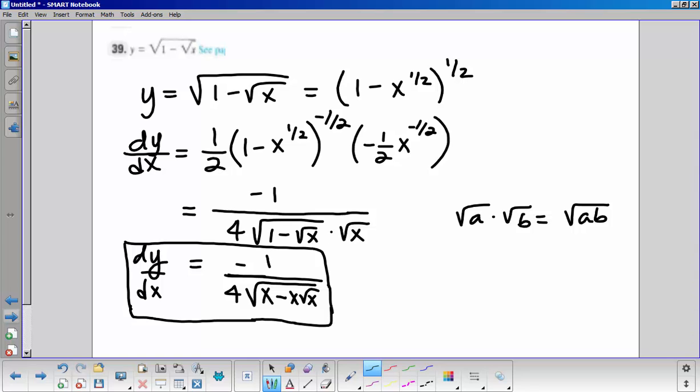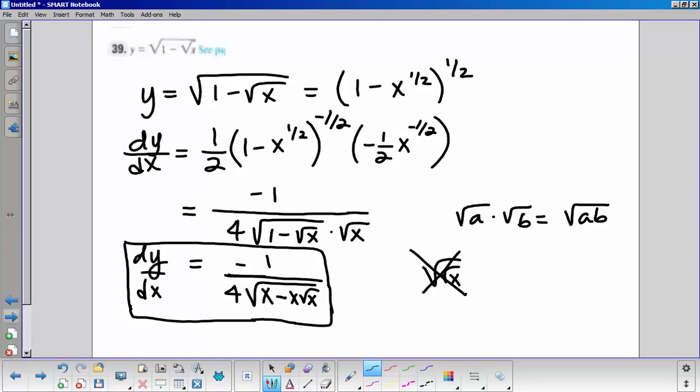Wait, how did you get that? Because I'm bringing the x in. I'm not bringing square root of x in. What I did was this. I brought that in instead of this root x. That was my first mistake. Now you get it, which is good.